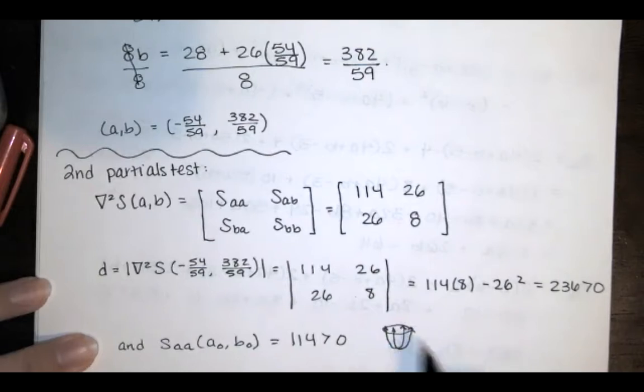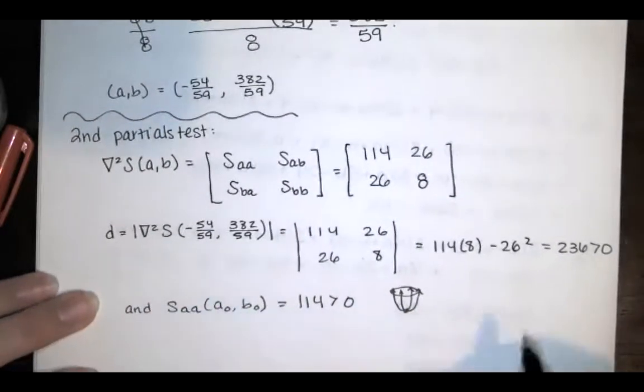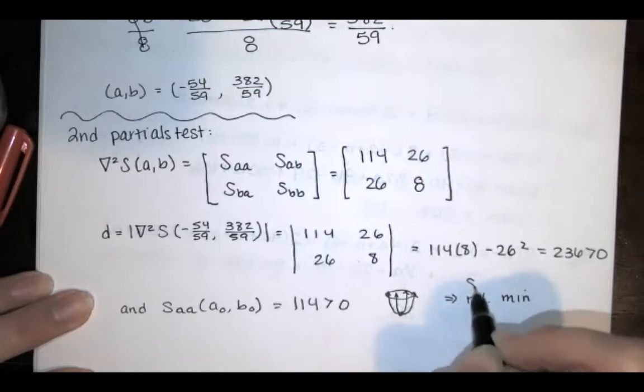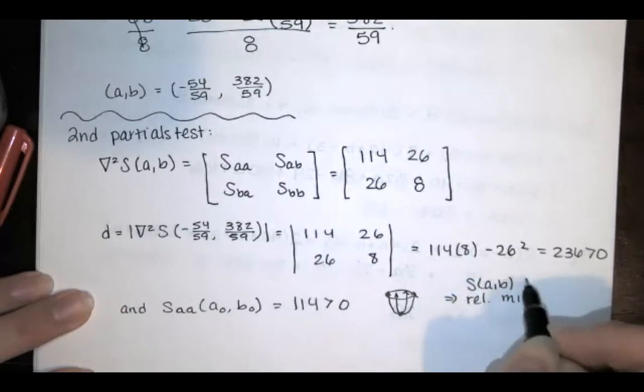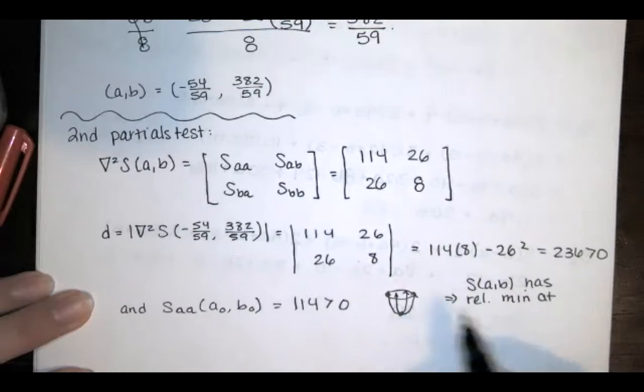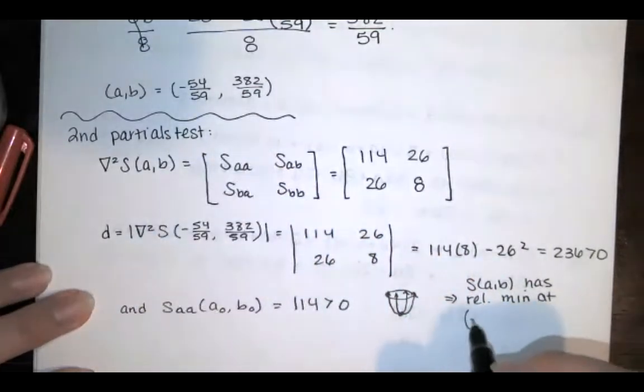So since it's concave up in both directions, what we have locally corresponds to a minimum. So S of A and B has a relative minimum at the critical point, which is given by those fractions there.